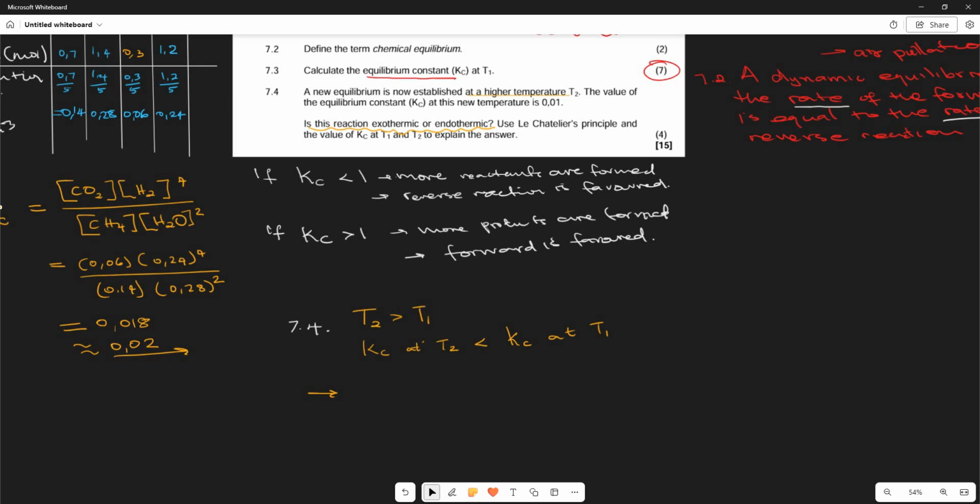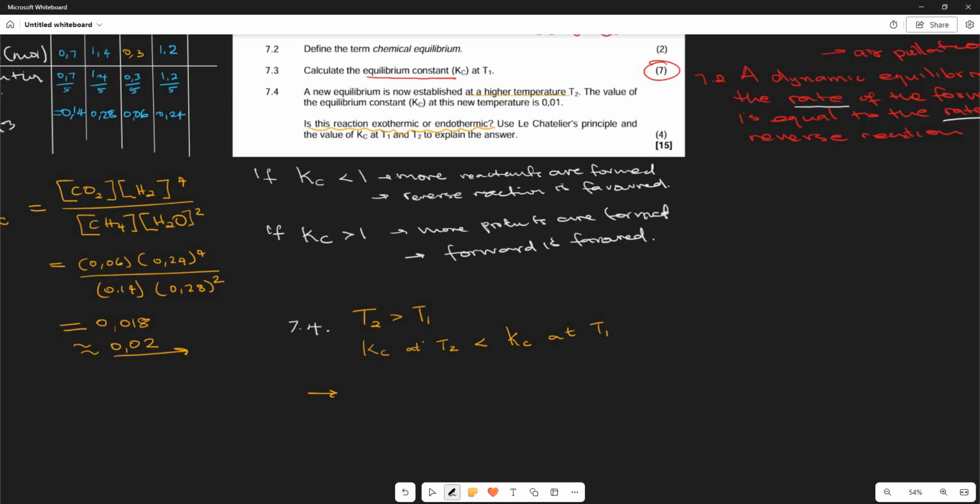So this informs us that the Kc value indicates a reverse reaction being favored, which means more reactants are formed than products. So increase in temperature favors the endothermic reaction. So the reverse reaction is endothermic, and the forward reaction would therefore be exothermic.